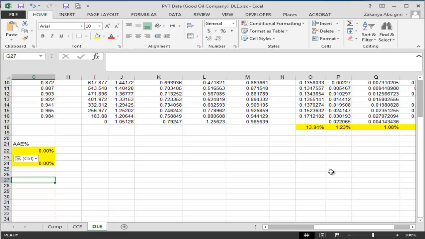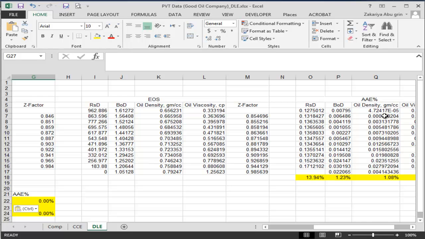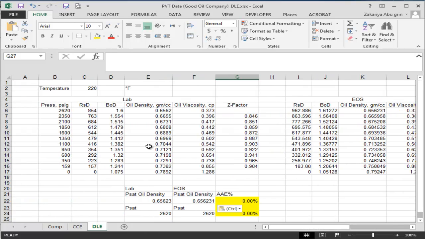And don't forget, the oil density at saturation pressure is exactly at the same point in the DLE here. So here it's the saturation pressure, and here is the oil density. This is measured inside the lab.